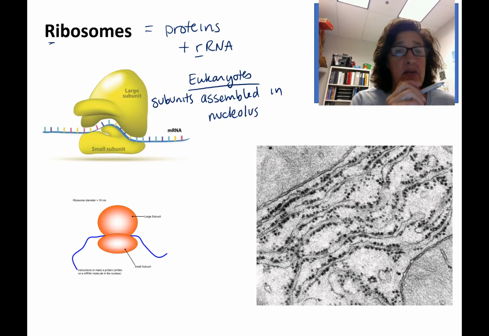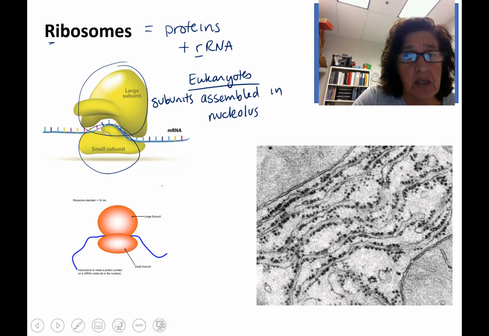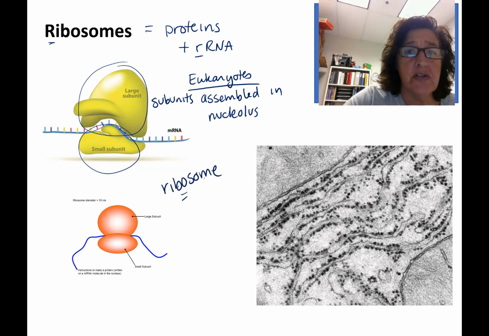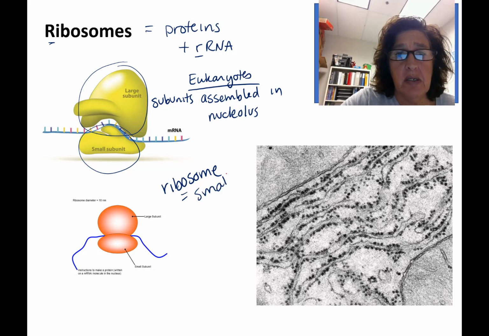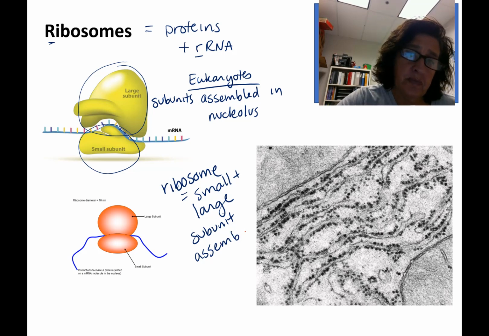Okay. And look, this is what I mean by a subunit. Ribosomes have large and small subunits. So the whole ribosome doesn't come together until it's in the cytoplasm. So the ribosome, which is the small and large subunit, is assembled in the cytoplasm, or cytosol.